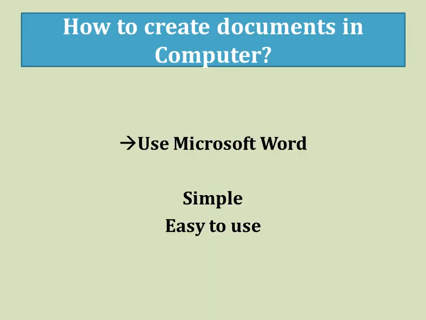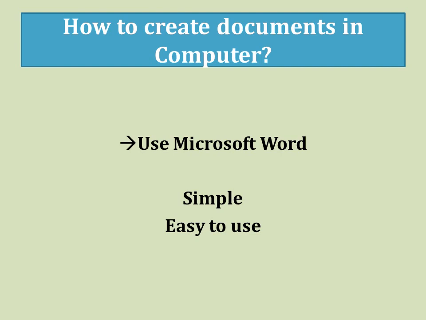Now, as I mentioned earlier, when you talk about electronic documents, it means that we are creating them on a computer. But how do we create documents on a computer? There is an application, a program, called Microsoft Word, and we use it for writing our documents on the computer.